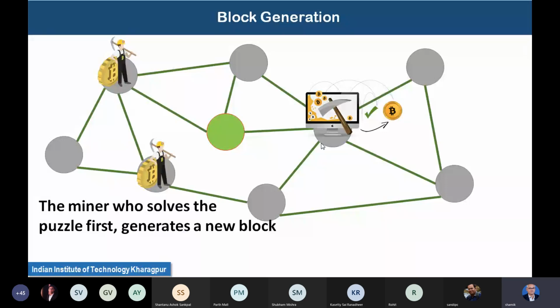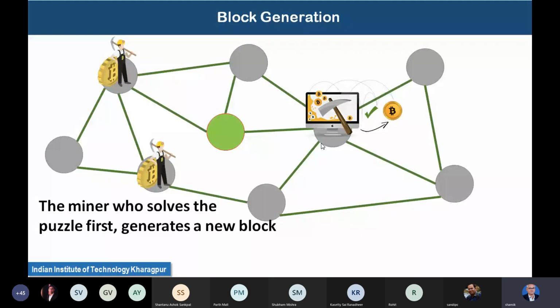Then the miner can choose to include those transactions that are going to give the miner more reward in terms of transaction fee. And that is what I was mentioning in our last class: the user who creates the transaction can set how much transaction fee they are going to pay, and that unit is typically in satoshis per virtual byte.